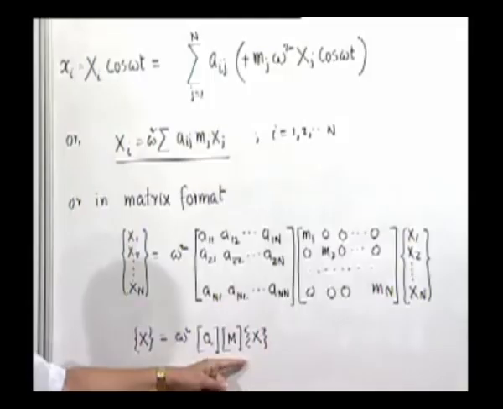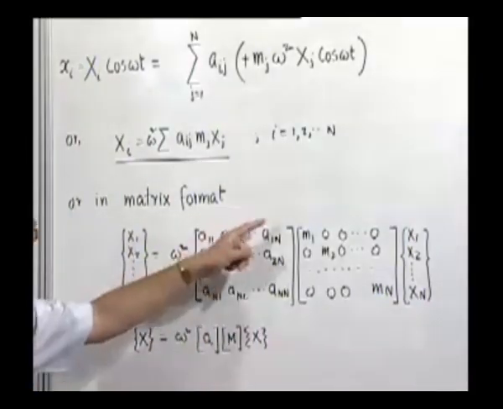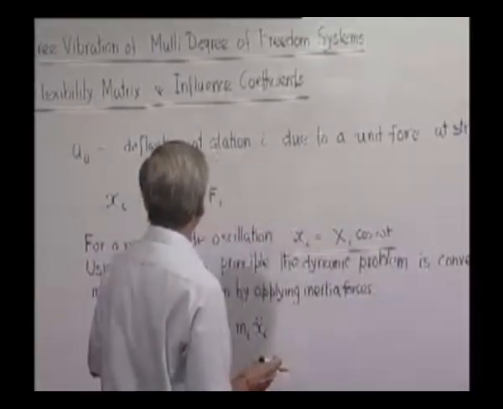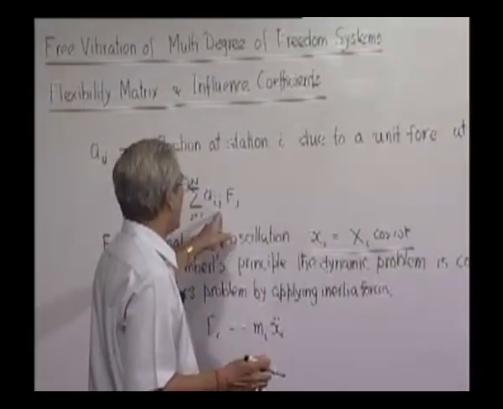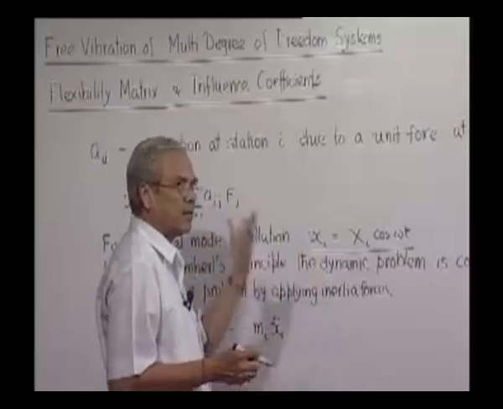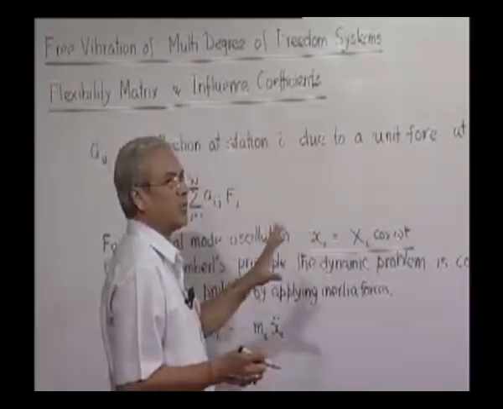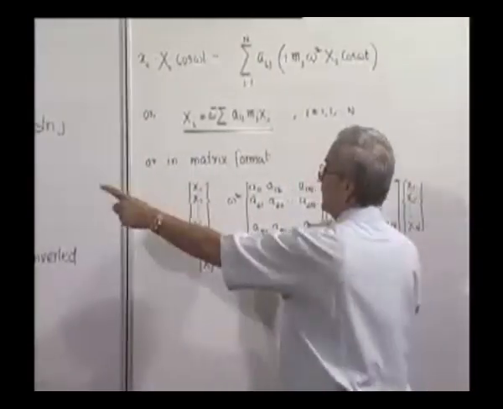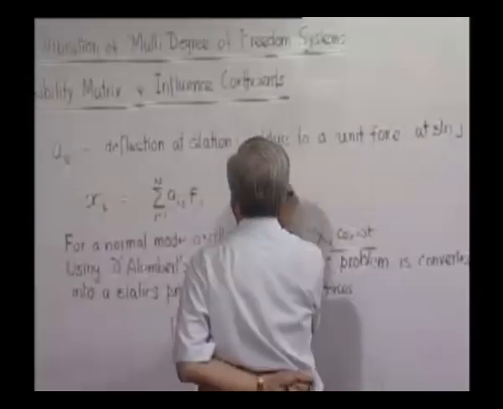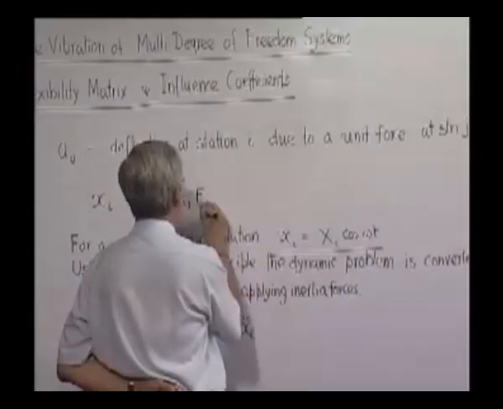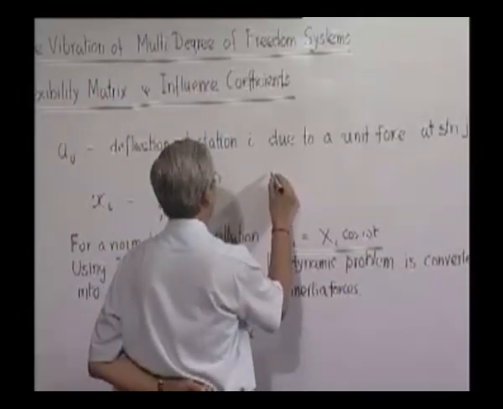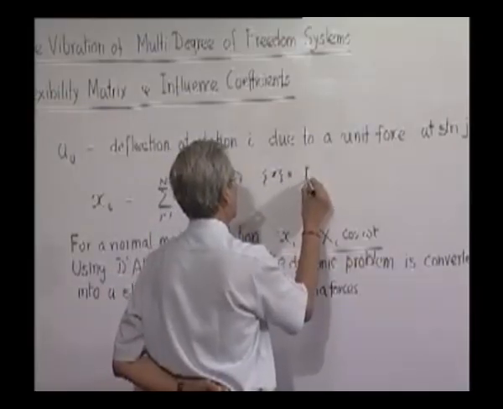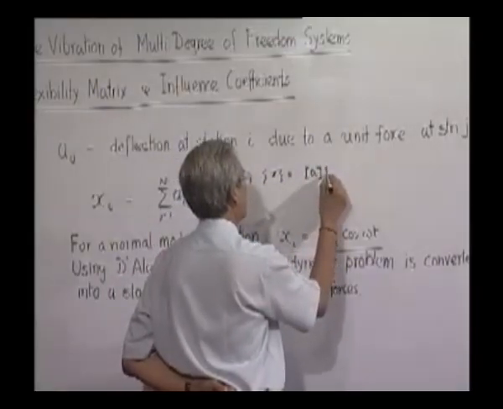Now this we call the flexibility matrix, because Aij represents the deflection per unit load at another station. So it is nothing but a measure of flexibility, which is just opposite of stiffness. Because we can very easily find that according to this definition, x is equal to this, and we know, therefore, x will be the flexibility into force.